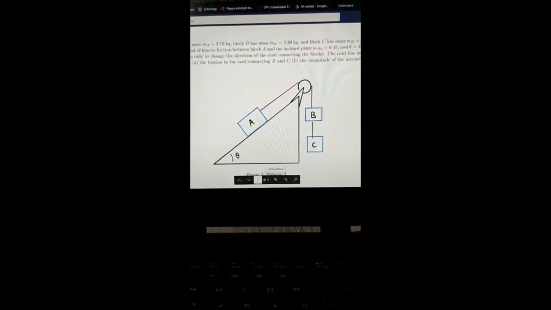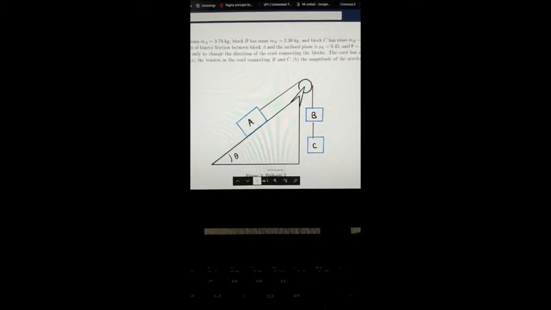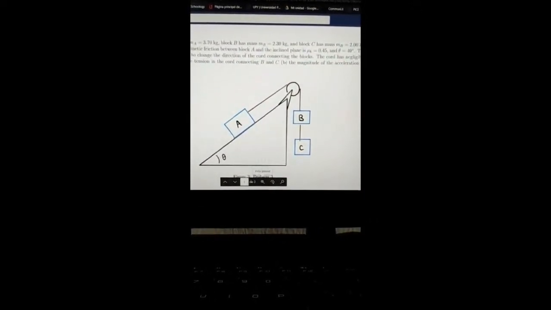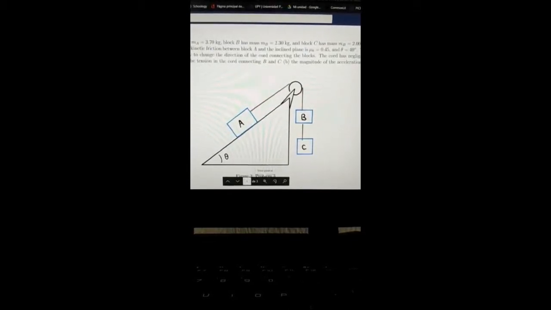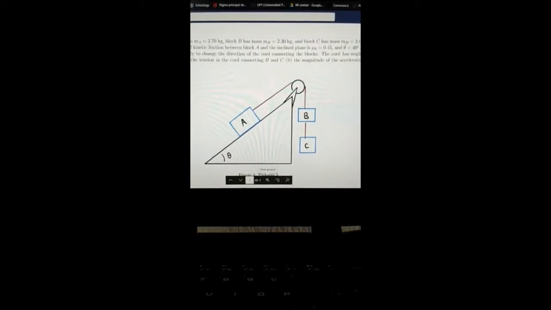Hello, good day. This is the third question of the homework. It reads as follows. Block A has a mass of 3.70 kilograms. Block B has a mass of 2.30 kilograms, and Block C has a mass of 2 kilograms.